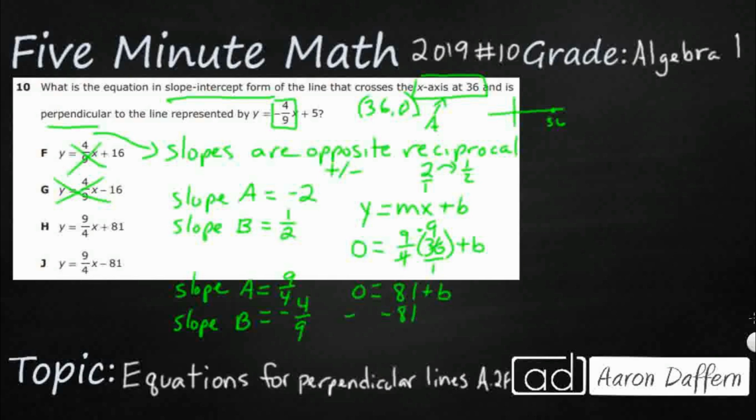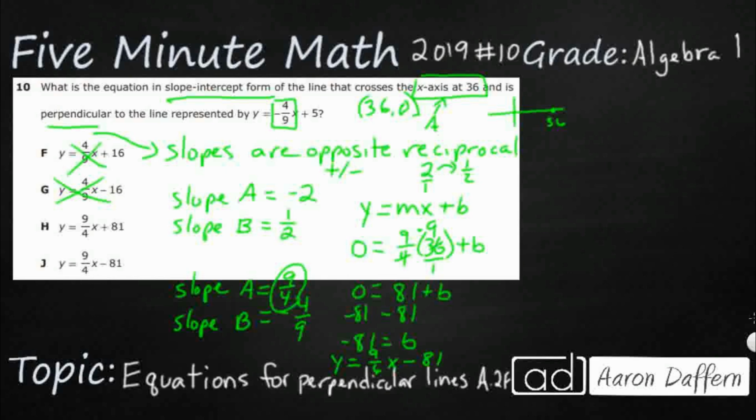Subtract 81 from both sides, and you get b equals -81. So if we were to write this back into that form, you would get y equals, remember our slope is 9/4, x minus 81. So that looks like J.